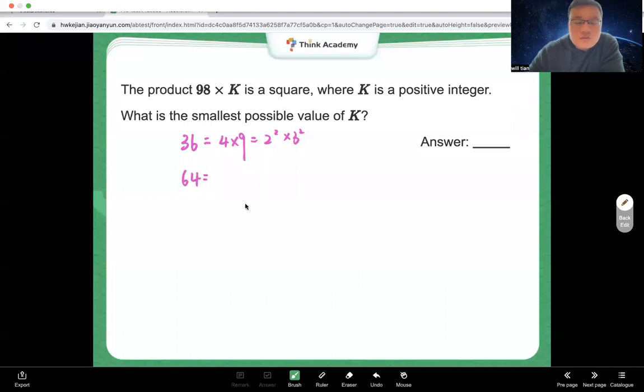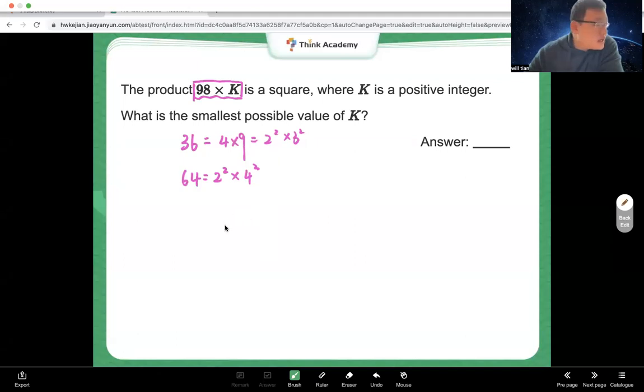We know that it's 8 squared, but you could also do 2 squared times 4 squared. That's also 64. So for any square number, you can convert that into another square number, and multiply them together. So for this one, you got 89 times K. So you have to convert that into the form of some square numbers multiplied together.